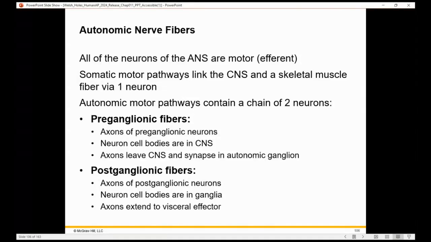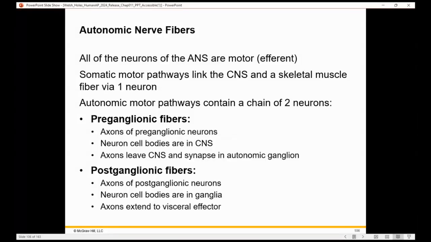When it comes to the autonomic nerve fibers, all of the neurons are motor or efferent. The somatic motor pathways link the central nervous system and a skeletal muscle fiber through one neuron. The autonomic motor pathways contain a chain of two neurons, a preganglionic fiber and a postganglionic fiber. The preganglionic fibers are axons of preganglionic neurons.